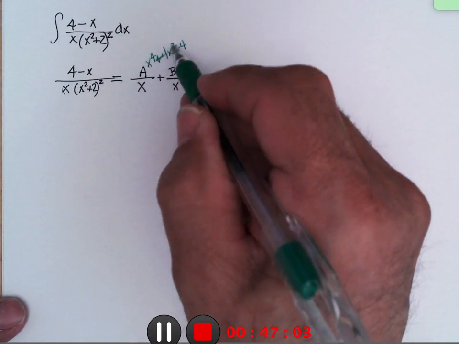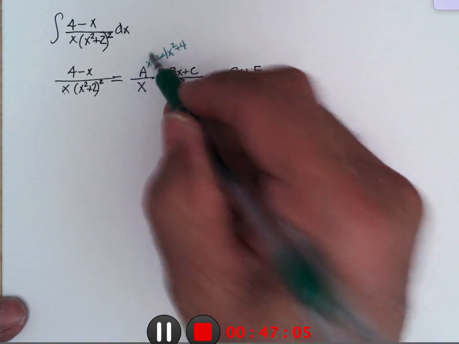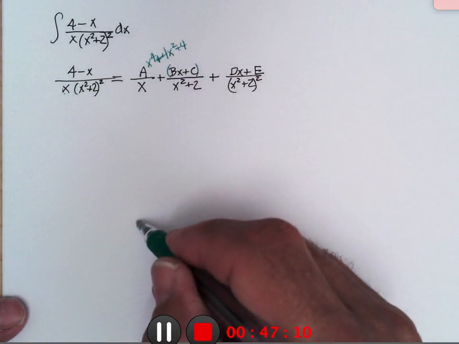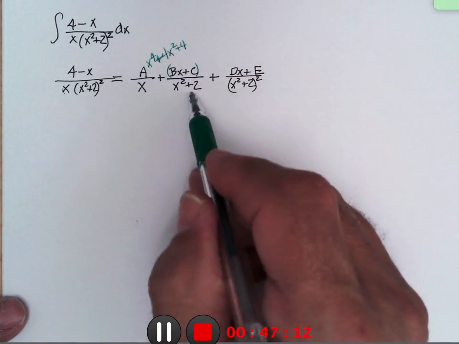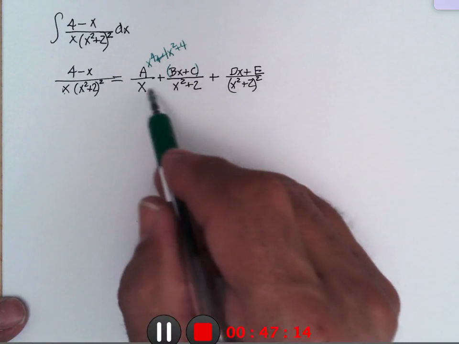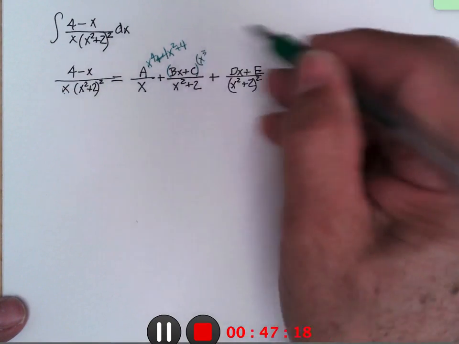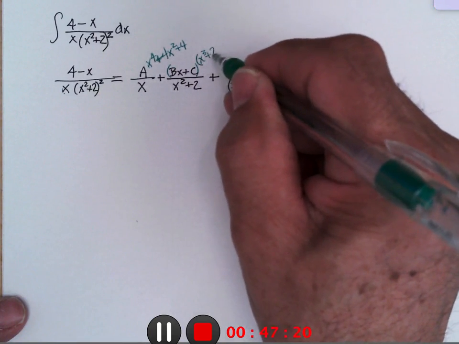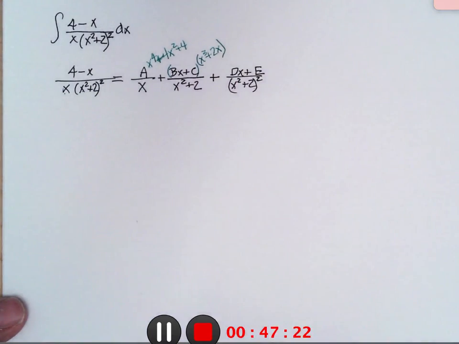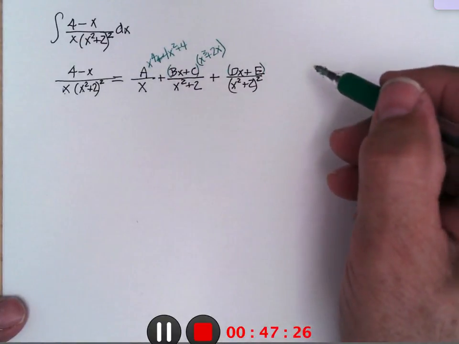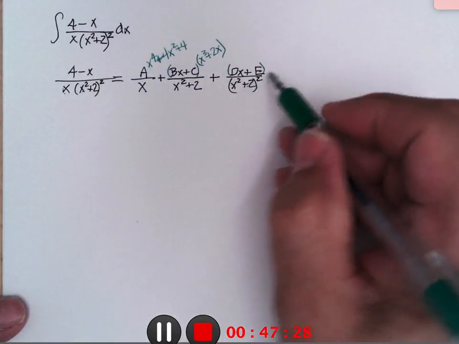This one, I need to multiply by one more of these, because they're squared, and by an x. So I have to multiply by x cubed plus 2x. And this linear factor has both of these, so all it needs is an x.